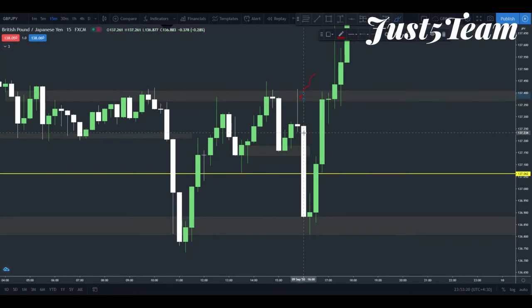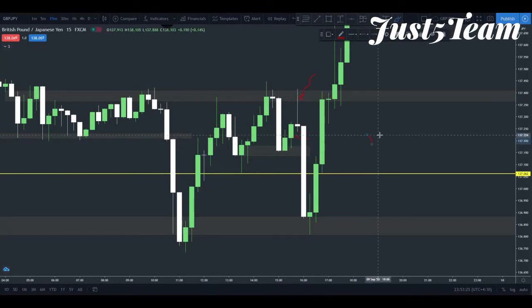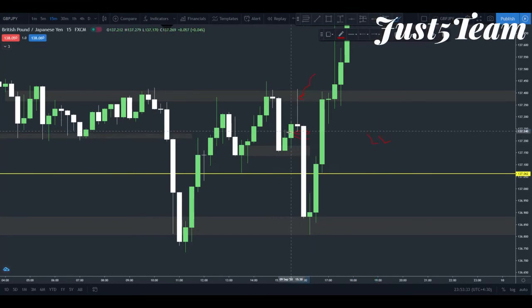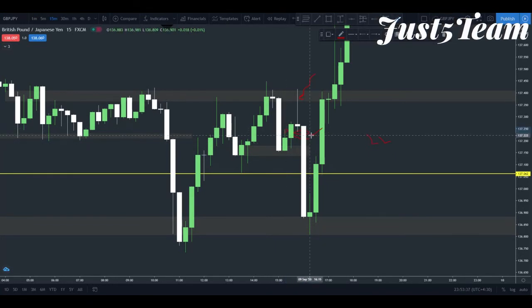When it happened, I will go for a sell when it makes a lower low in the lower time frame, or just look here, when it closes and breaks around this area, that was this supply too, we could go for a sell.